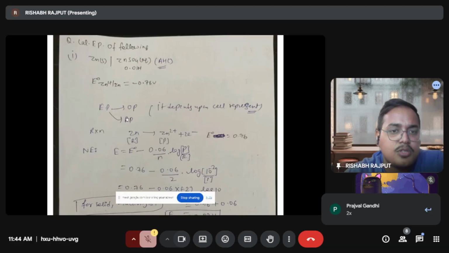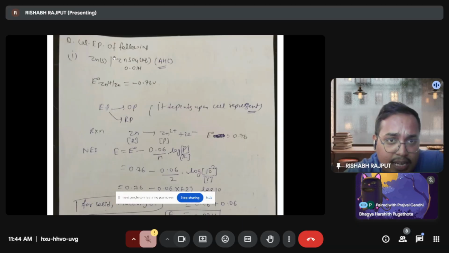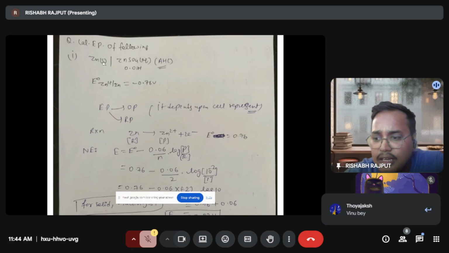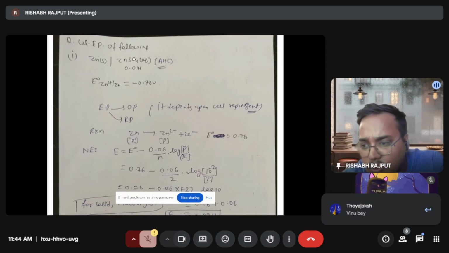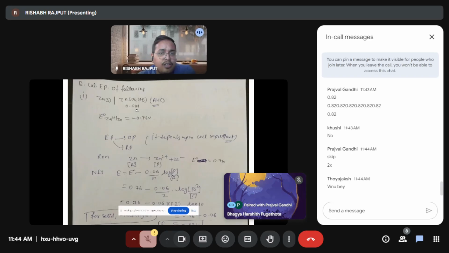Whenever you see the representation zinc slash zinc sulfate, zinc to Zn^2+ means it is the oxidation reaction. You can say this representation explains oxidation, so your answer will also be an oxidation value, not a reduction value.